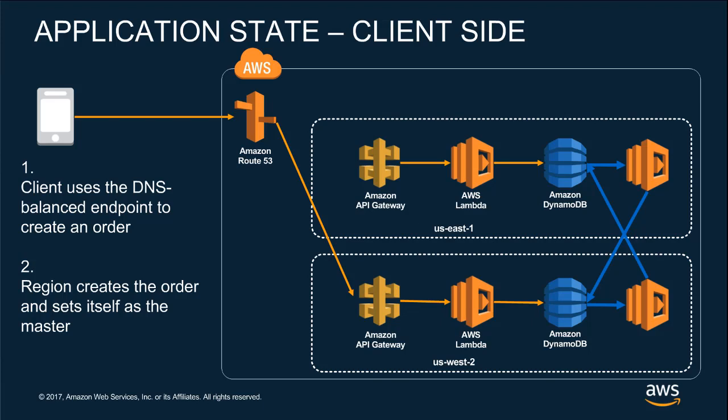Once that order hits the end region, our application will accept it, save it in our database, and assign it a unique identifier. From that moment on, the region that received the order, in this case US West 2, sets itself as the master region for that order. The order data will be replicated to the other region, but only US West 2 will do the processing for that order.